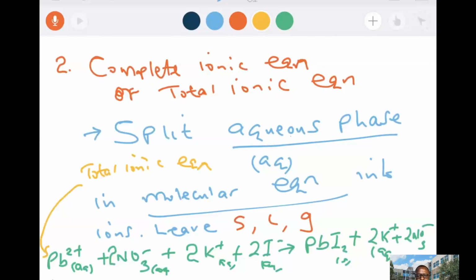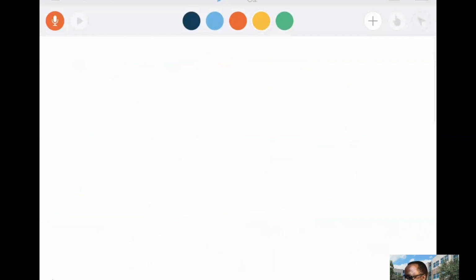So the way it is right now, we call this the complete ionic equation; total ionic equation is the same thing. You leave alone the solid, you split the aqueous. Remember, subscript changes to coefficient.